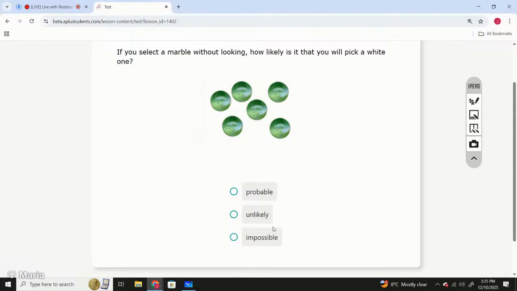If you select a marble without looking, how likely is it that you will pick a white one? So which is the correct option?